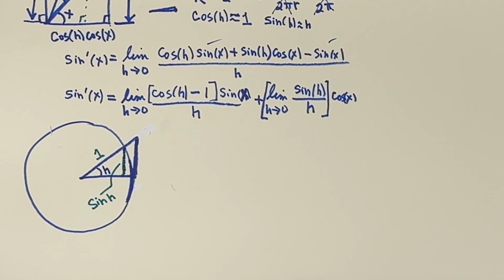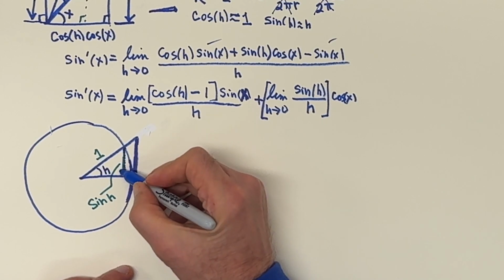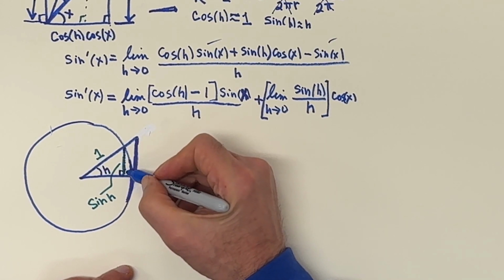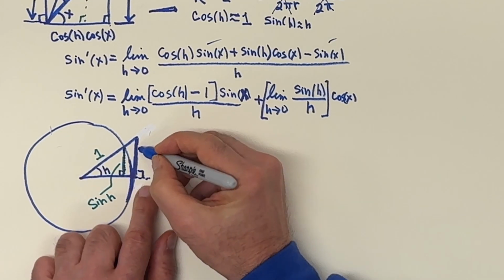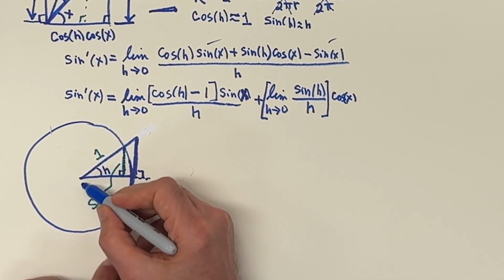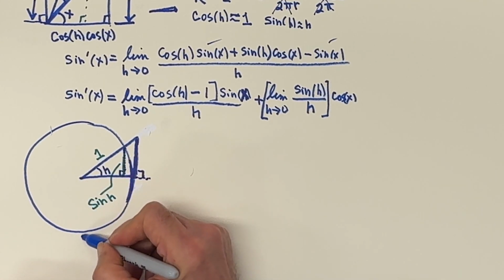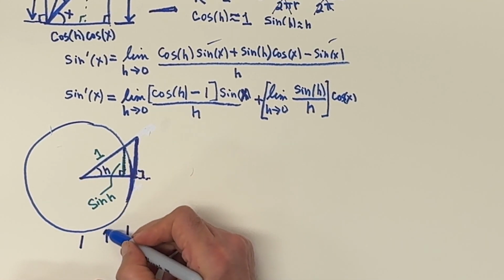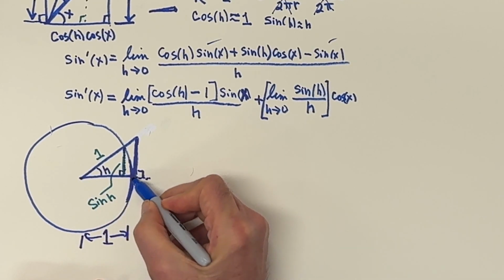Now notice that if we look at this larger triangle out here, so that's a right angle, and this is a right angle here also. And if we were to extend this, we would have a right angle there. Then this height here is, well, look at this trick here. This distance here is 1. The radius from here to there is 1.